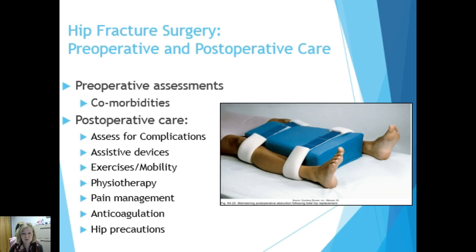Do they have other comorbidities that are going to impact their healing? So is there diabetes, or are there other mobility problems that are going to put them at risk for deep vein thrombosis or pulmonary embolisms? So we'll return to the hip fracture surgery in class when we get together on Tuesday.